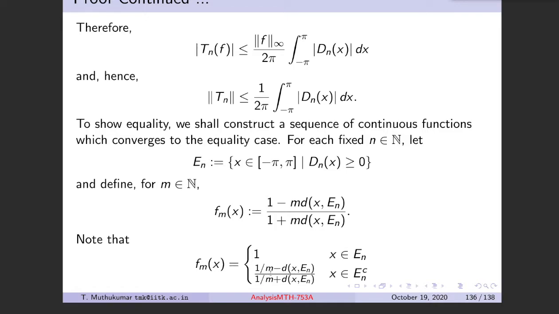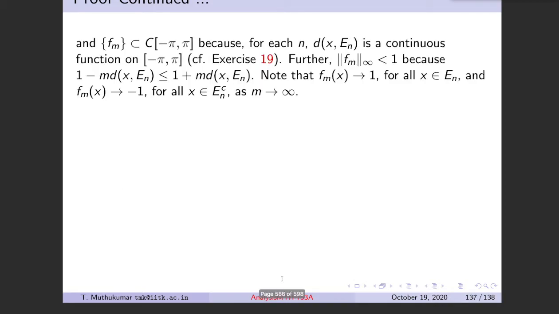When m goes to infinity, the first term in both numerator and denominator goes to 0. So what remains is independent of m and has a minus sign, so it's going to be minus 1. So when x belongs to En complement, Fm x goes to minus 1.